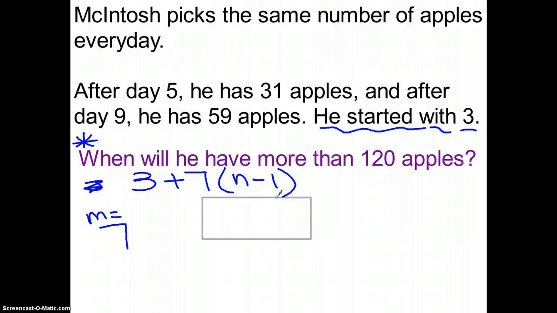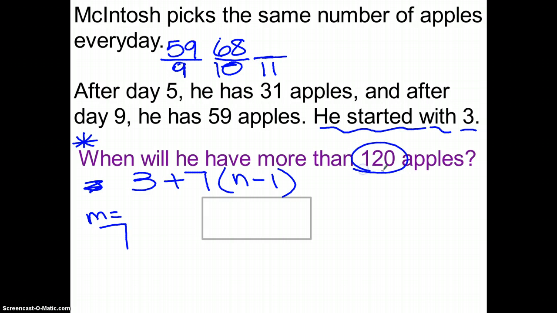So I can plug in numbers for n and see what'll get me more than 120 apples. Or I can take day 9, which is 59, and I can just keep adding 7 to that number. So that would be day 10, 11, and I could just keep going until I get more than 120, and then figure out what day that is.